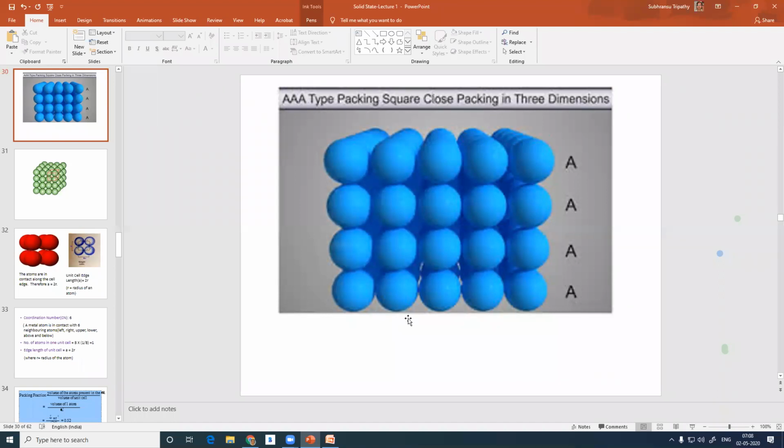They are not at all being used. One is kept above the other using their convex tips. Such layers are identical layers, and we call them A. Later on you will find that it will be AB or ABC. A pattern will come where the second layer will not exactly correspond to the first layer. It will be placed in a different position because we'll be using the cavities now.